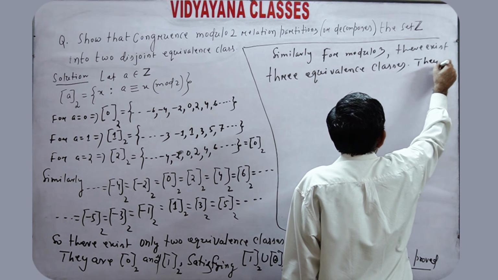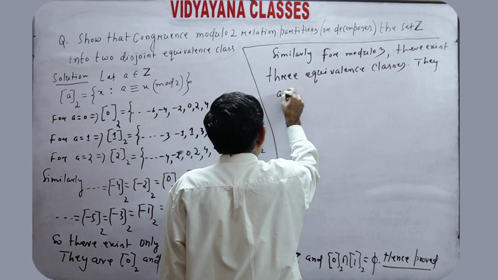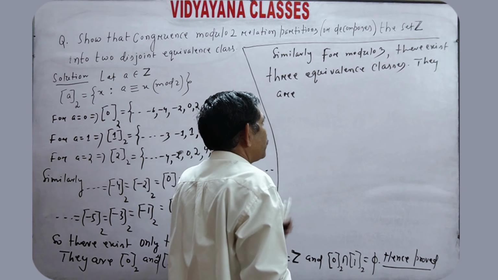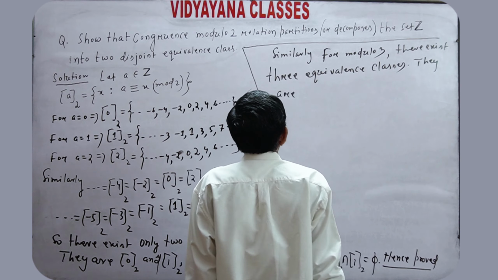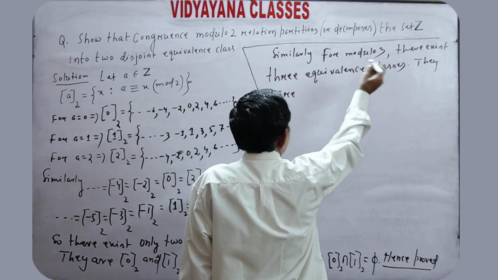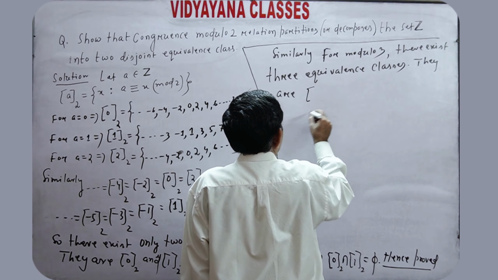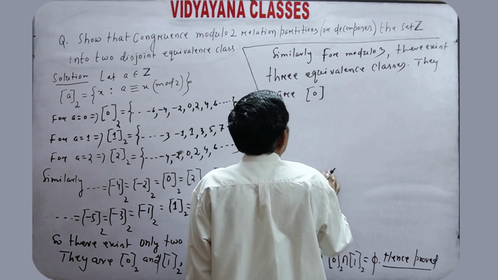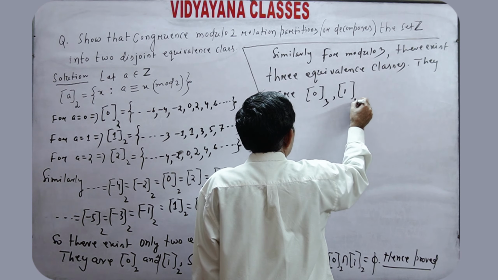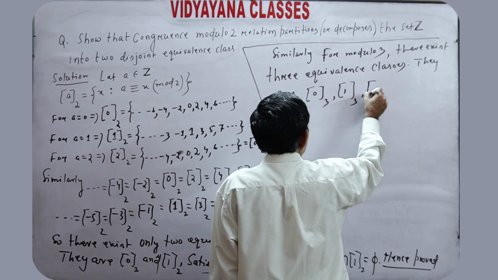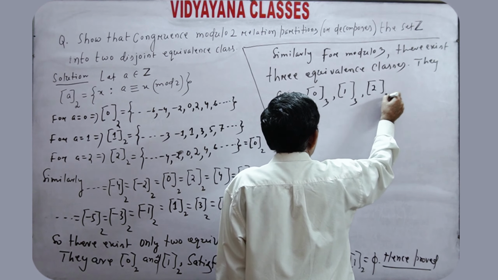They are equivalent class of 0 modulo 3, equivalent class of 1 modulo 3 and equivalent class of 2 modulo 3.